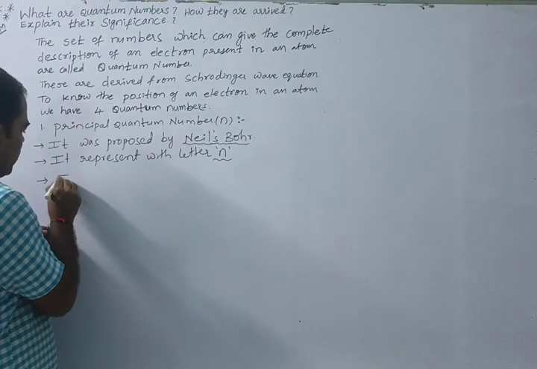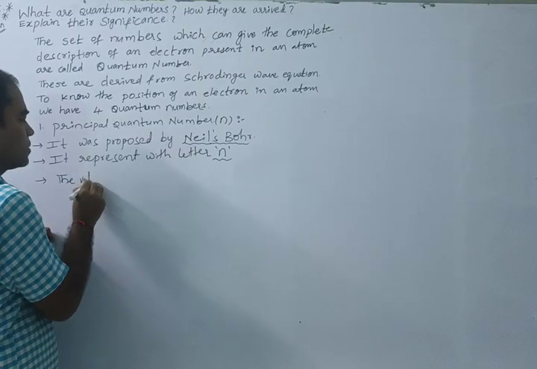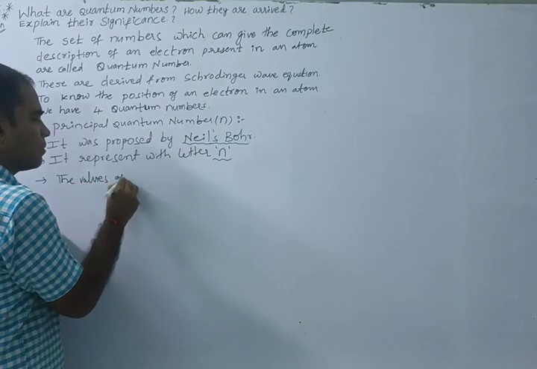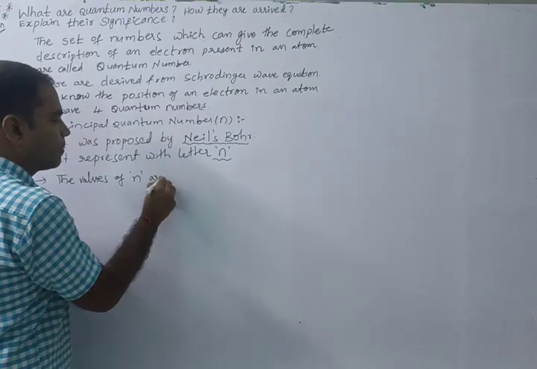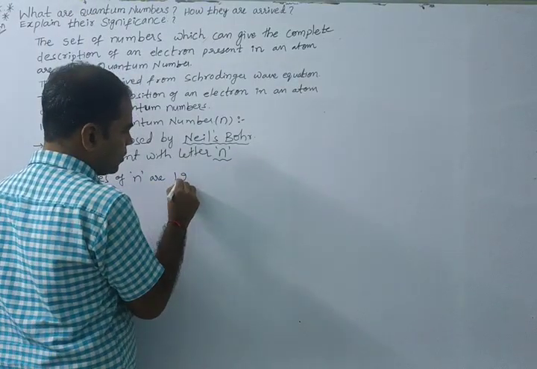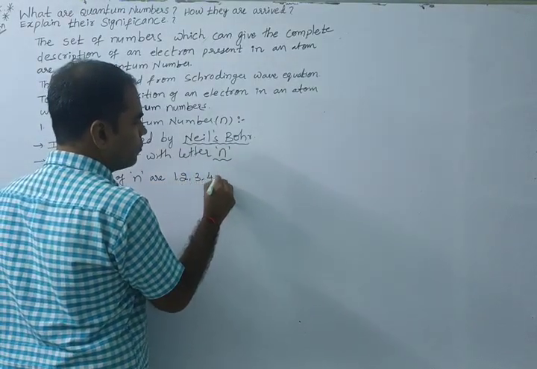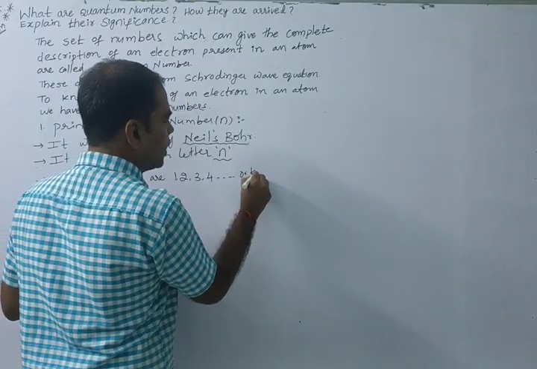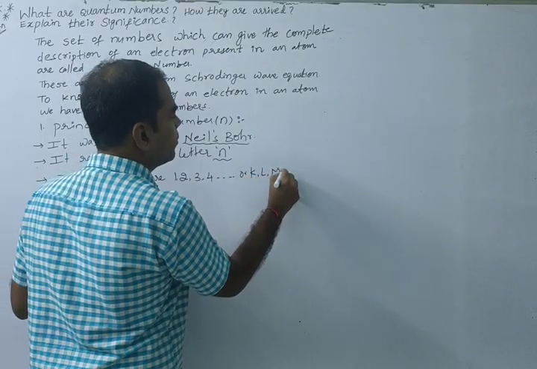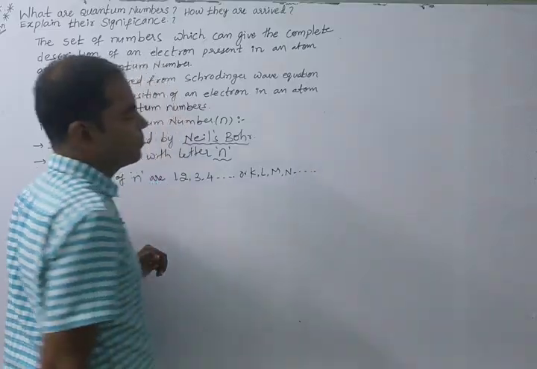The values of n are 1, 2, 3, 4 and so on, which are K, L, M, N and so on.